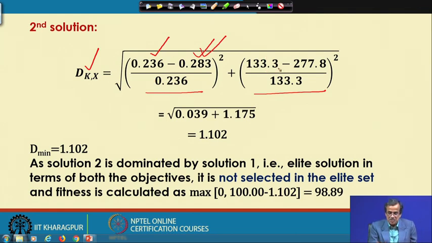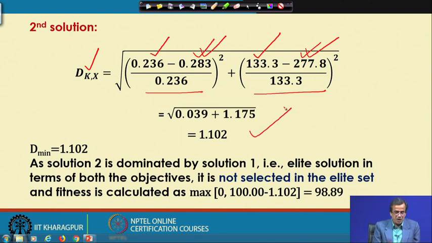Similarly, 133.3 is the value of f2 with respect to the non-dominated solution, that is the first solution, and 277.8 is the value of f2 with respect to the second solution. So, using this expression, I can find out the Euclidean distance between the non-dominated solution, that is k, and the second solution, that is x. So, I can find out this d_kx.